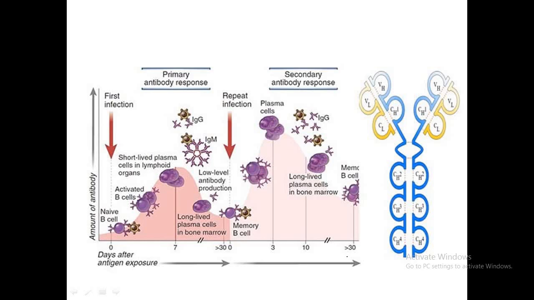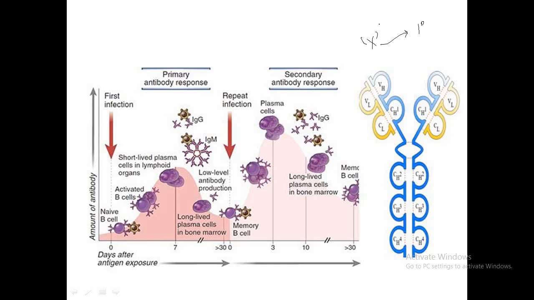Let us suppose a pathogenic virus X enters our body for the first time. The body will generate an immune response against X with the help of either innate or adaptive immunity. That response is known as the primary response.